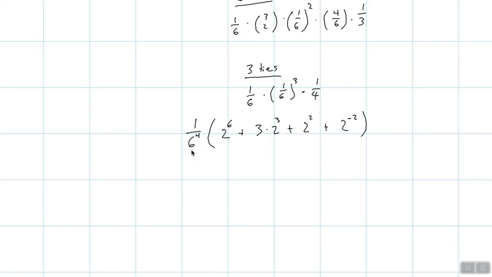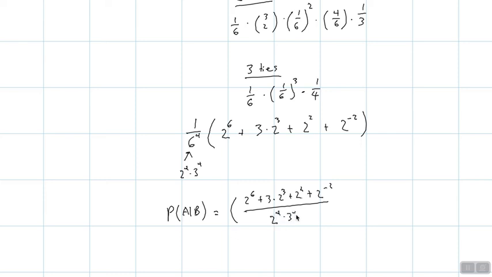And so from here, 6 to the 4th we can simplify into 2 to the 4th times 3 to the 4th. So from here, then the probability of A given B is going to be equal to 2 to the 6th plus the other terms over 2 to the 4th times 3 to the 4th.